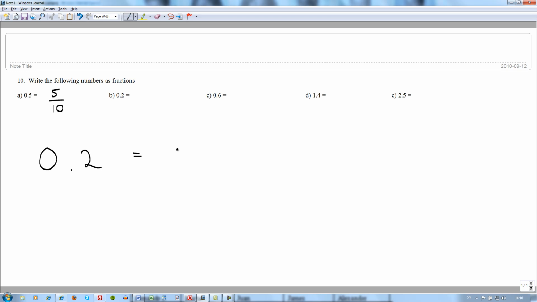We can write it as 2 divided by 10. We take 0.2 times 10, that equals 2. But then we also have to divide by 10. So this is equal to 2 divided by 10.